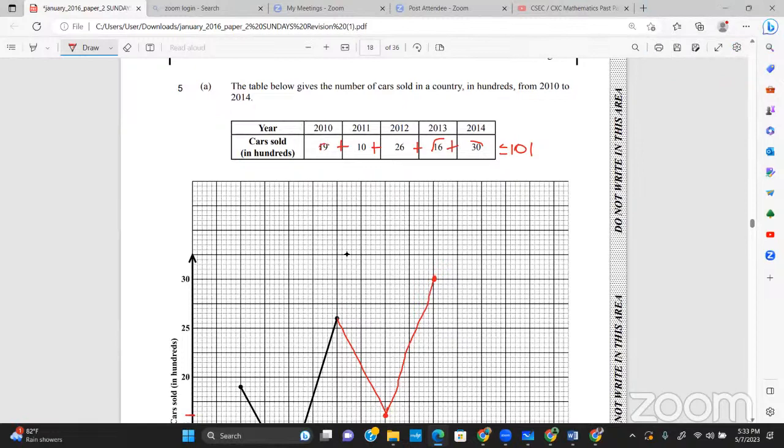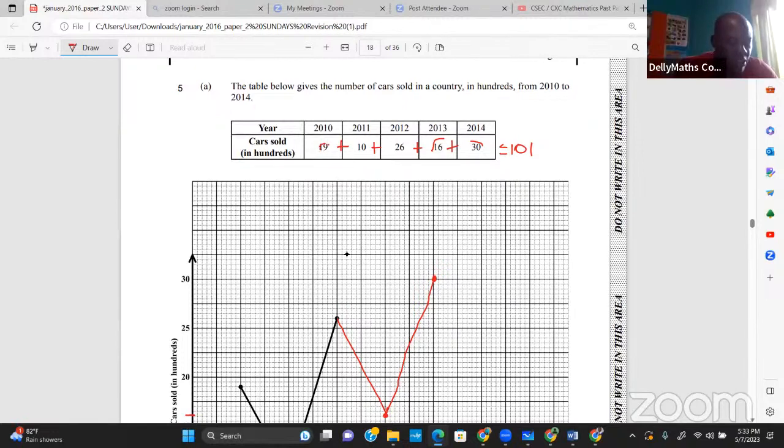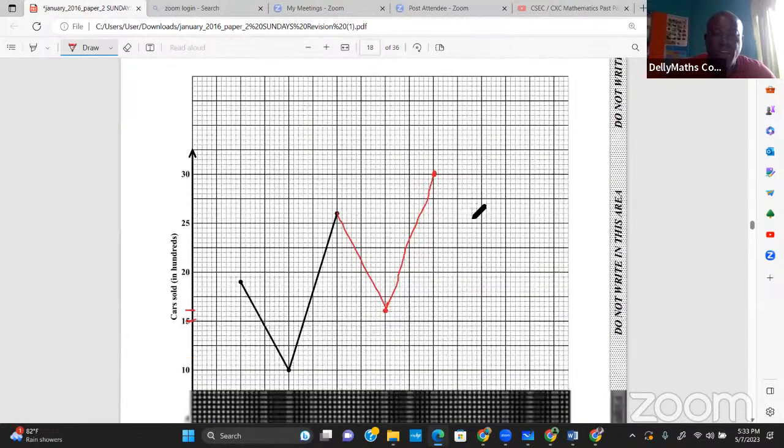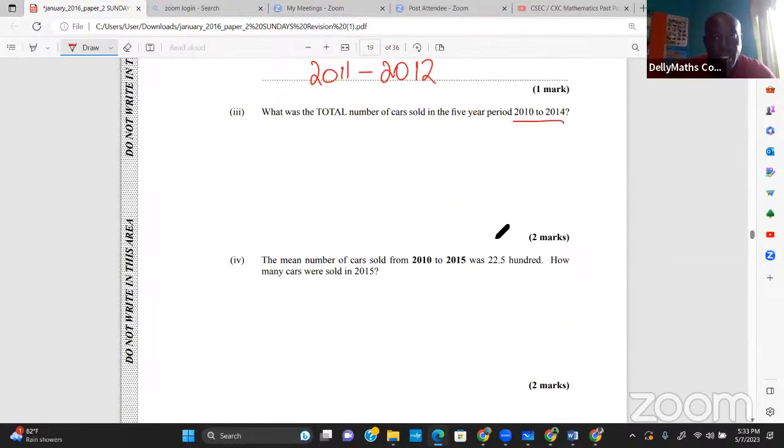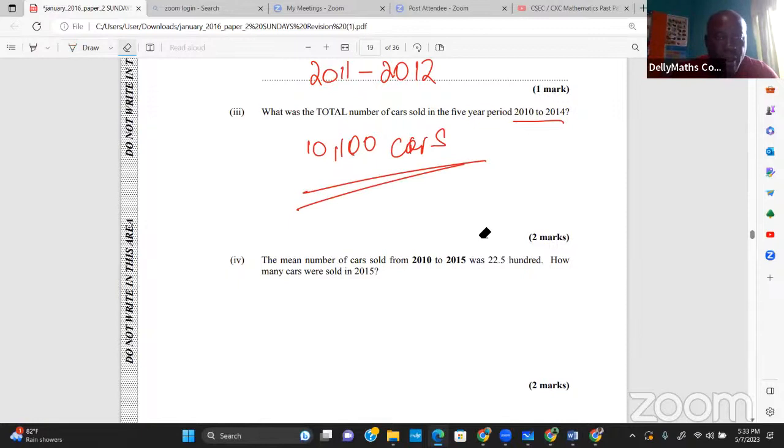They said cars sold in hundreds, so this is not 19, this is 1,900 in reality. So it is 10,100 cars. A lot of people put 101, but in context of the question, you have to be careful. What was the total number of cars sold in the 5 years? 10,100 cars were sold.